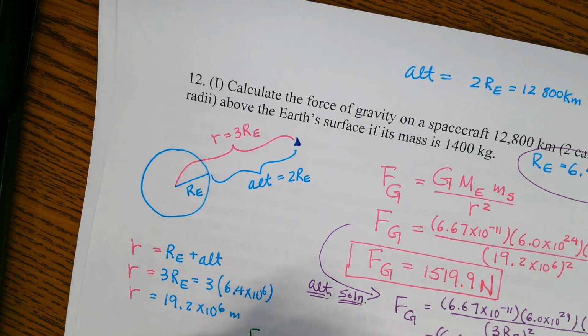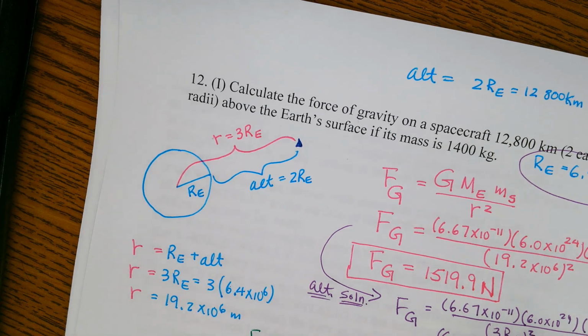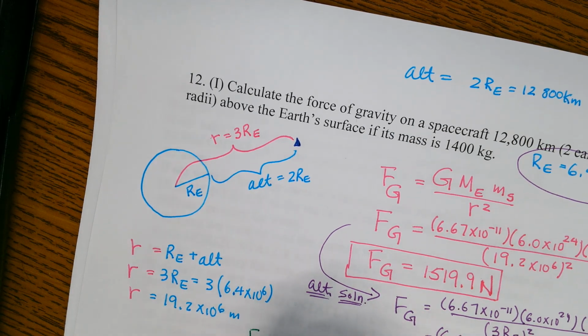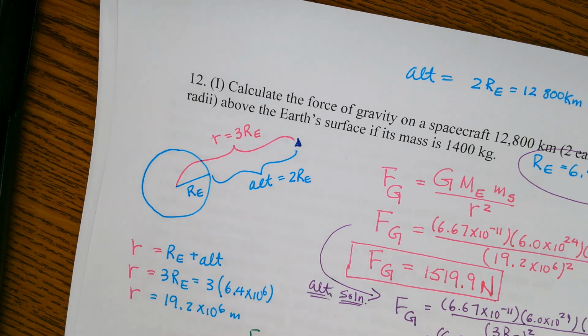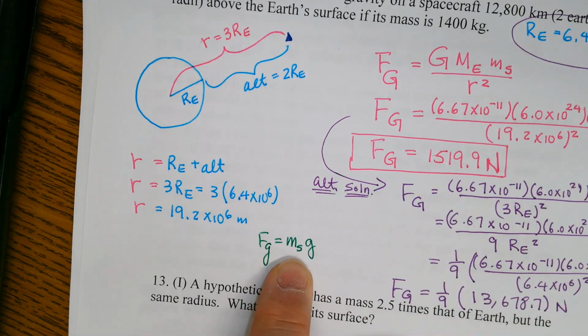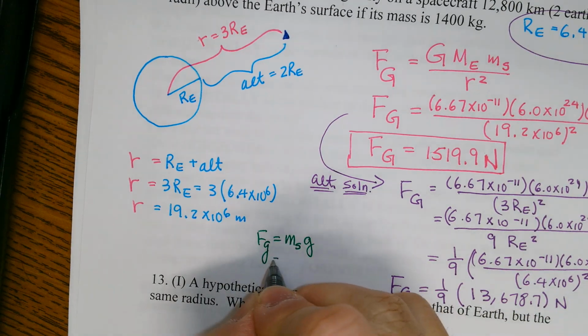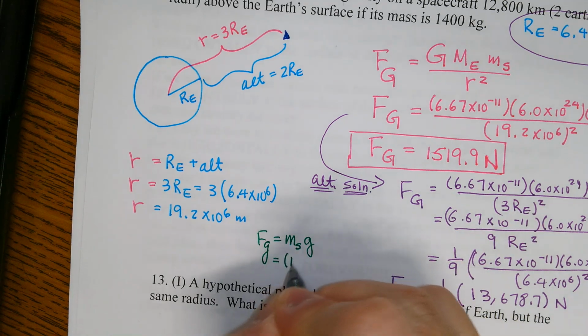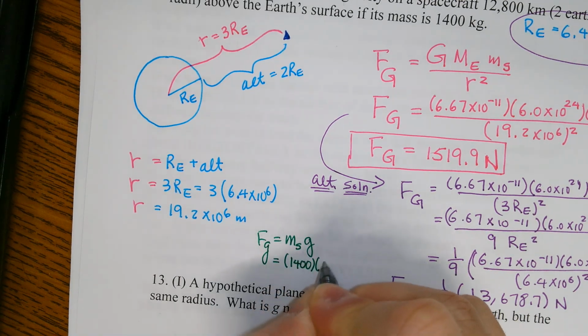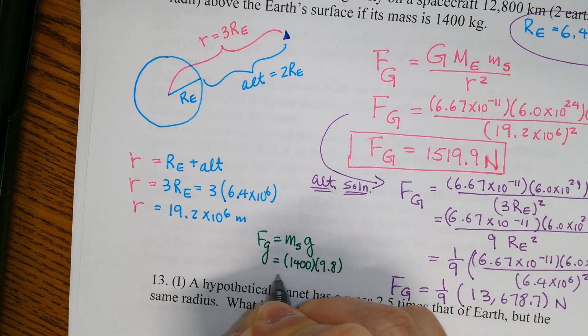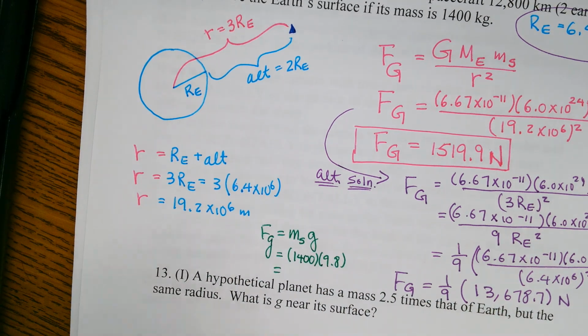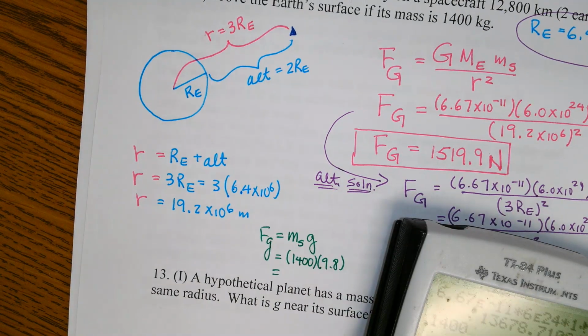What is the small g force of the spacecraft on the surface of the Earth? That is simply 1,400 kilograms times 9.8.